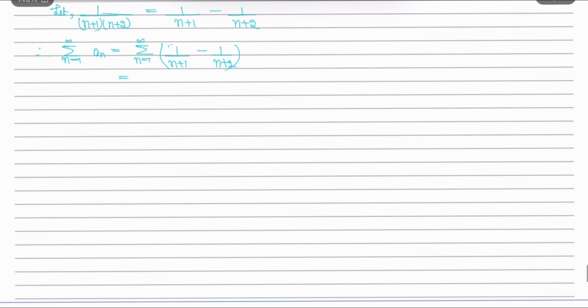So, this series becomes 1 by 2 minus 1 by 3 plus 1 by 3 minus 1 by 4 plus, and so on, up to 1 upon n plus 1 minus 1 upon n plus 2.